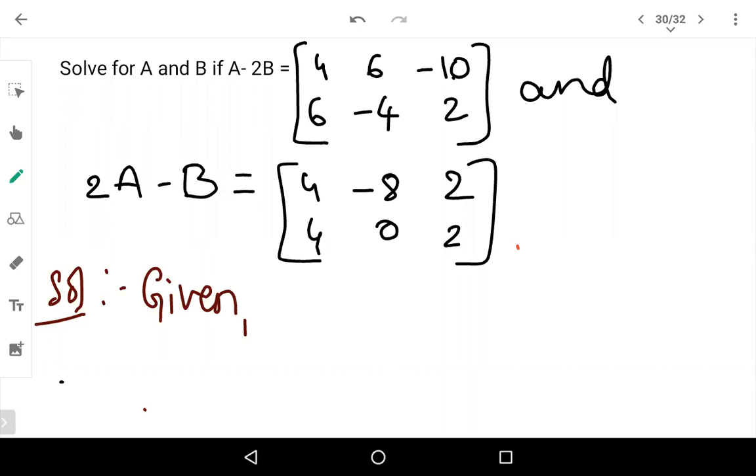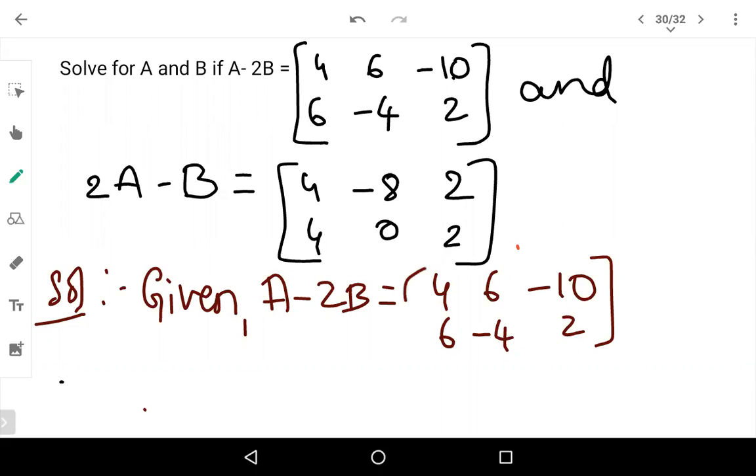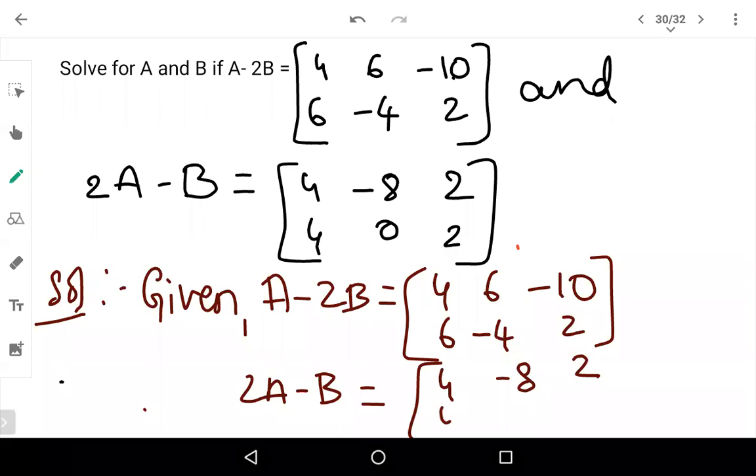Two equations are given to us. A minus 2B is equal to the matrix [4, 6; -10, 6; -4, 2]. And 2A minus B is the matrix [4, -8; 2, 4; 0, 2]. These are the two equations given to us.